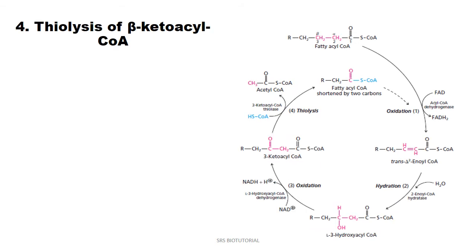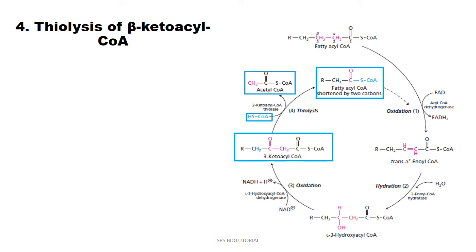The final step is thiolysis of beta-ketoacyl coenzyme A. The beta-ketoacyl coenzyme A reacts with a molecule of coenzyme A and produces acetyl coenzyme A and a fatty acyl coenzyme A with two carbons fewer than the previous one.